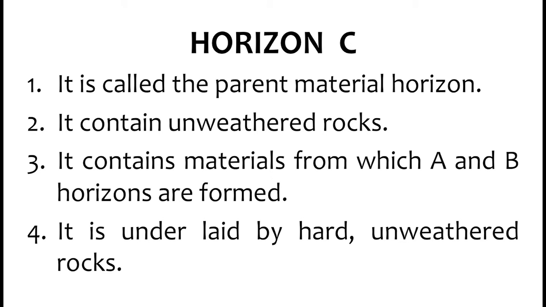Number 2, it contains unweathered rocks. 3, it contains materials from which A and B horizons are formed. 4, it is underlaid by hard, unweathered rocks.